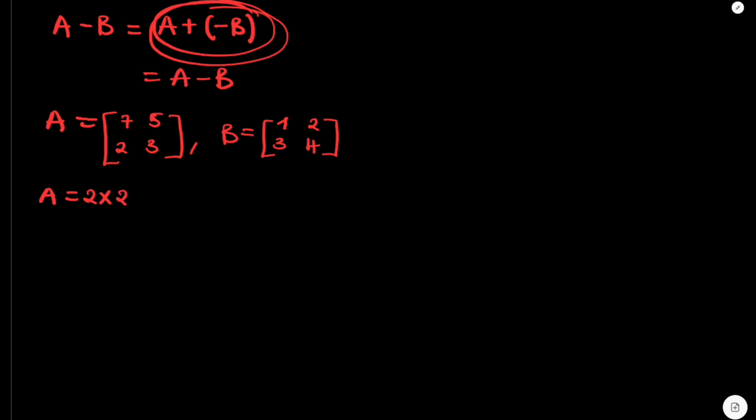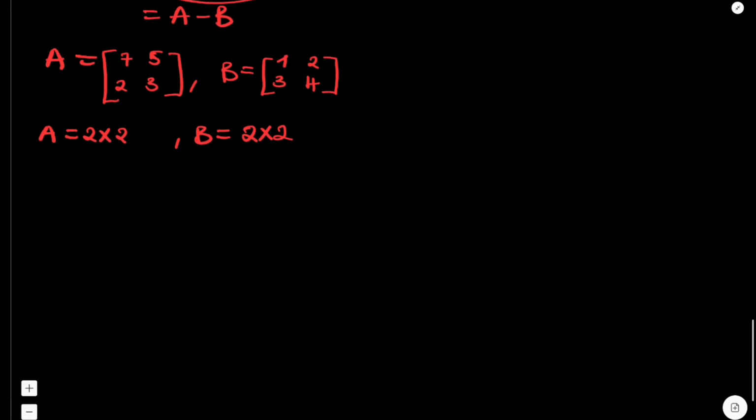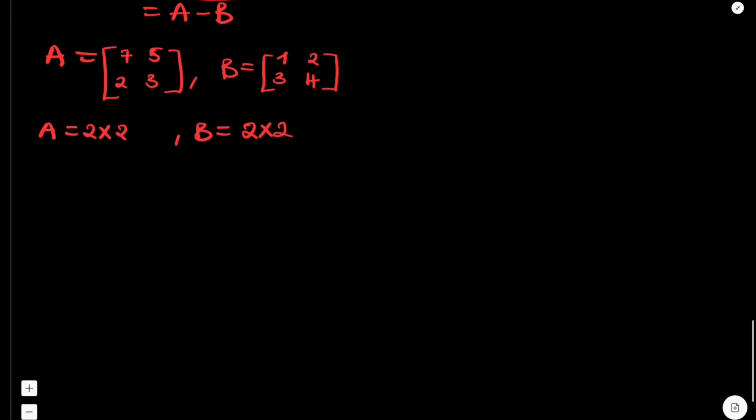It has 2 rows and 2 columns. Now let's take B. What is the order of the matrix B? It is a 2 by 2 matrix, 2 rows and 2 columns. So we can clearly see that the matrices can be subtracted.